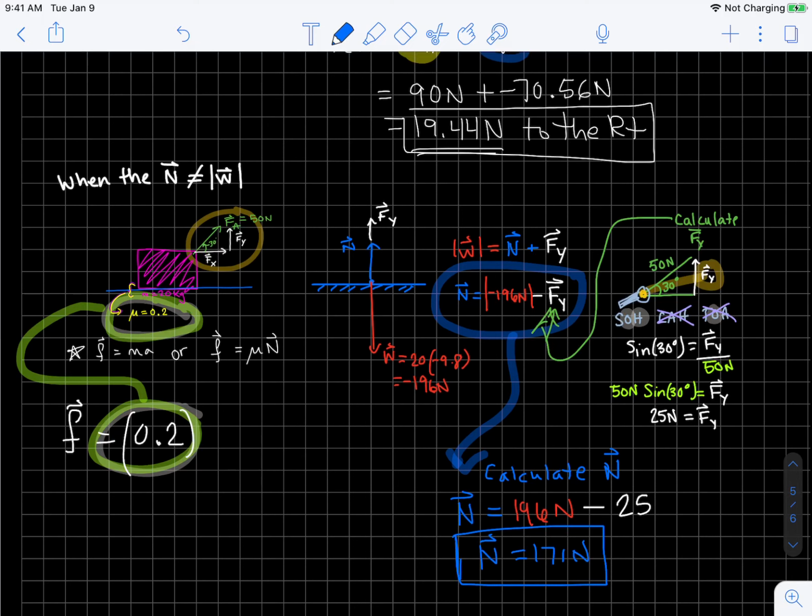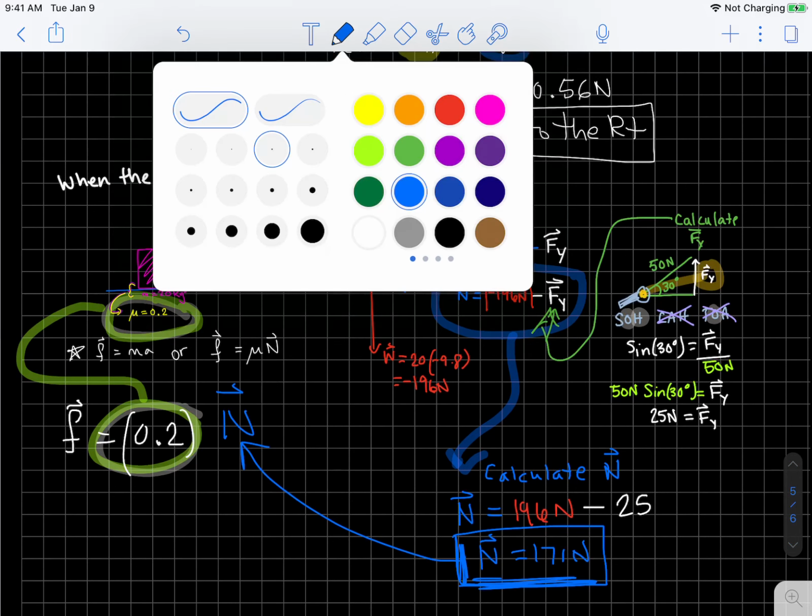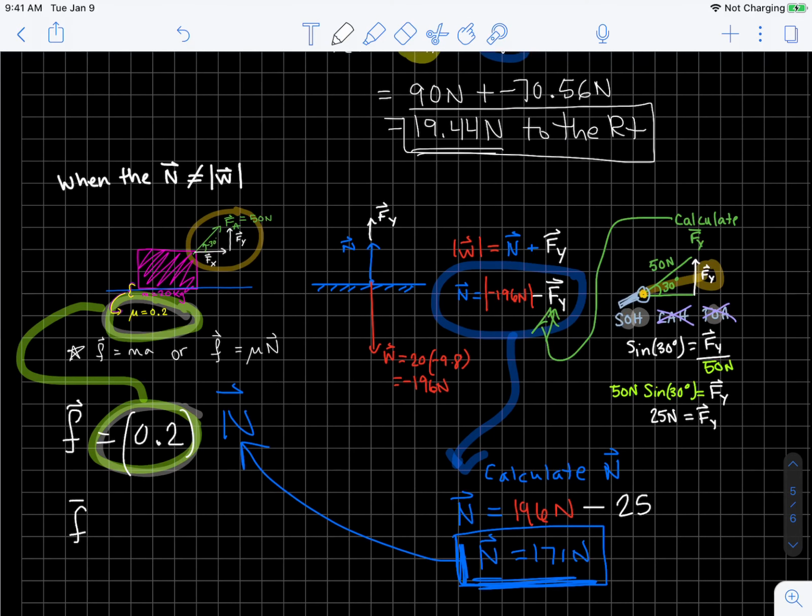So that's my normal force. Now that I have my normal force, I can plug it in for the N in the friction equation. So here we go. Friction is equal to 0.2 times 171.